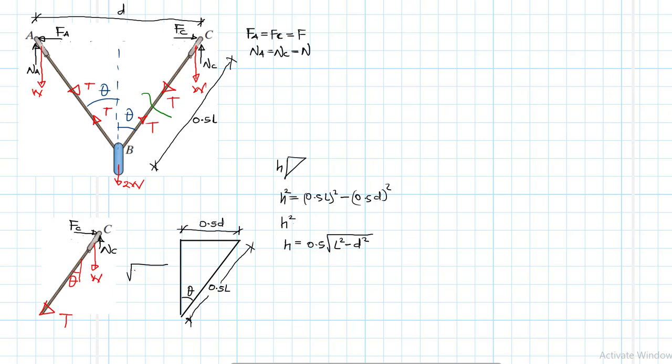So this is the value I'm putting here: 0.5 times the root of L squared minus D squared.